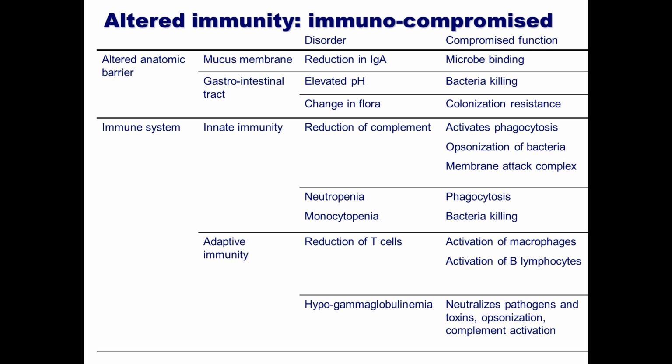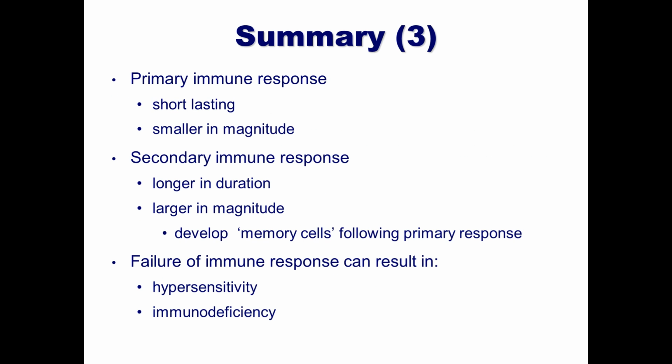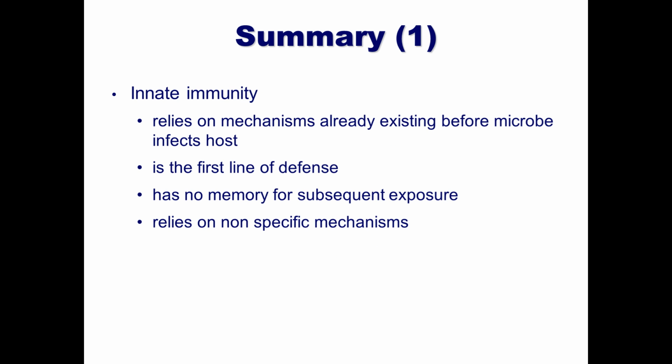So altered immunity, immunocompromised, this is the chart: altered anatomic barrier, immune system, innate immunity, reduction of complement, activated phagocytosis, adaptive immunity. See this table, and remember how innate immunity and adaptive immunity work, which cells act, and what the function is. So in this ppt we studied immunity, innate immunity, right?